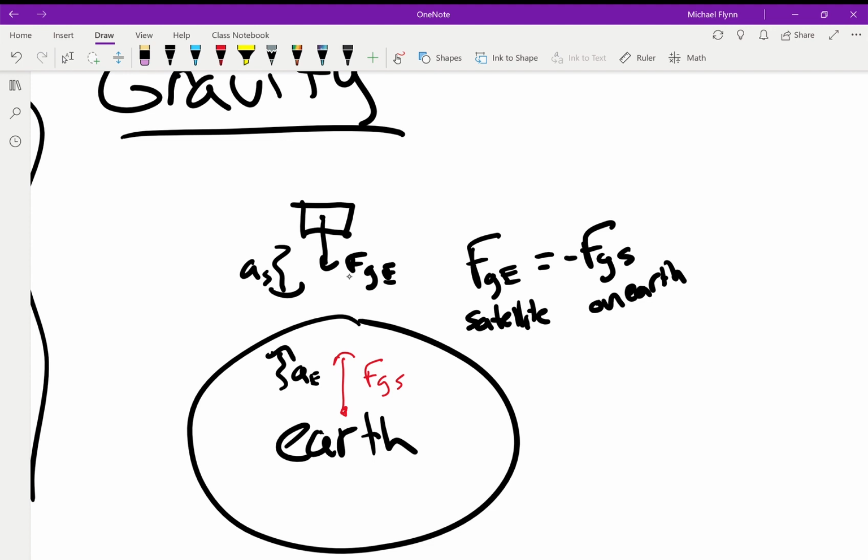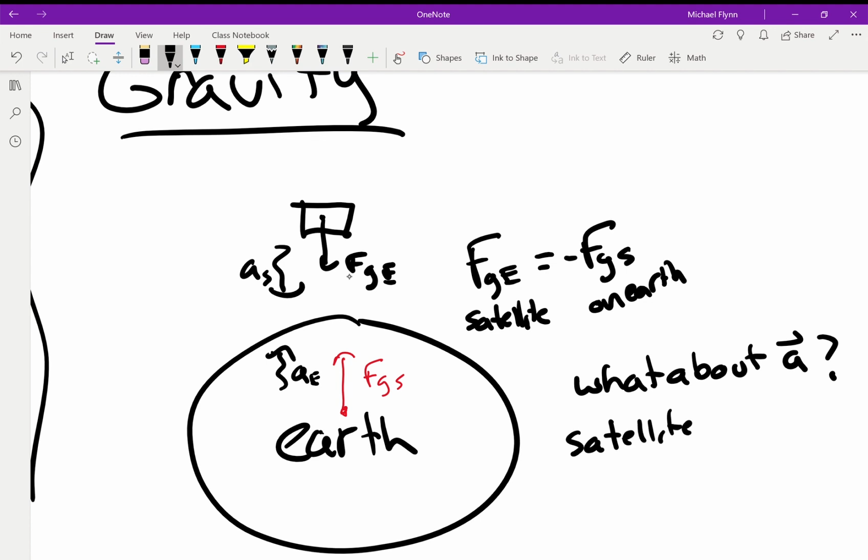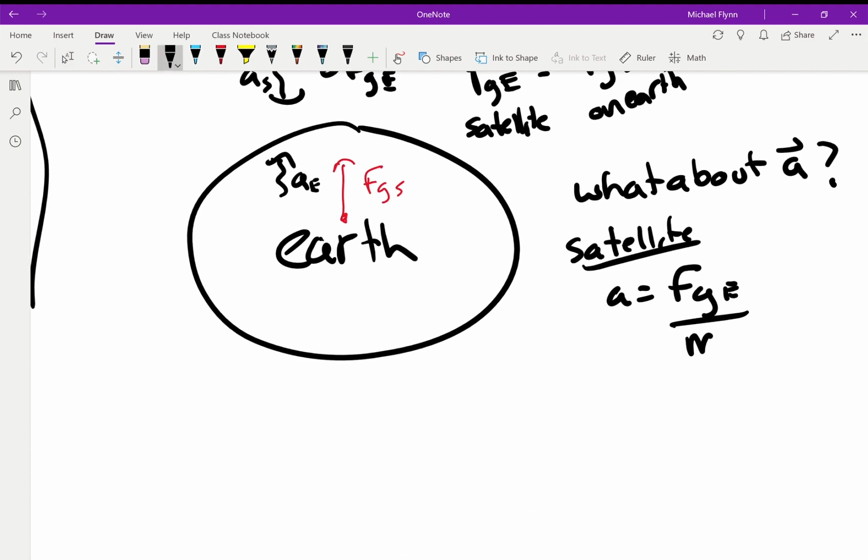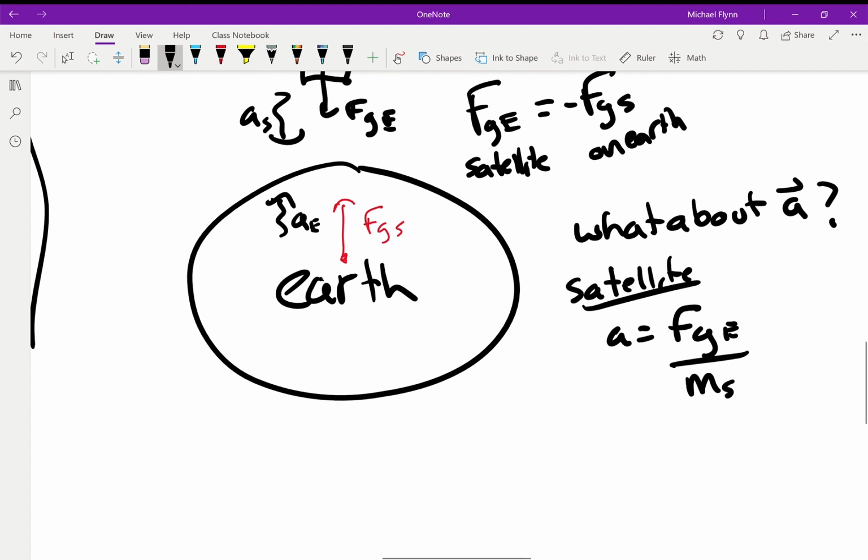What about the acceleration? The accelerations are not the same because the satellite's acceleration, A, would equal the force of gravity from the Earth pulling on it, divided by the mass of the satellite.